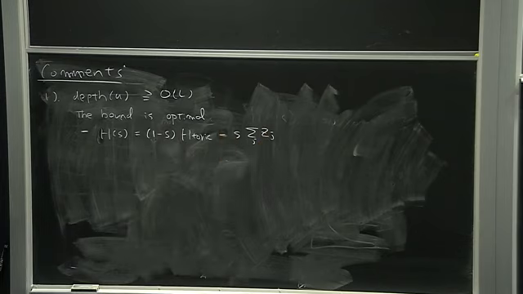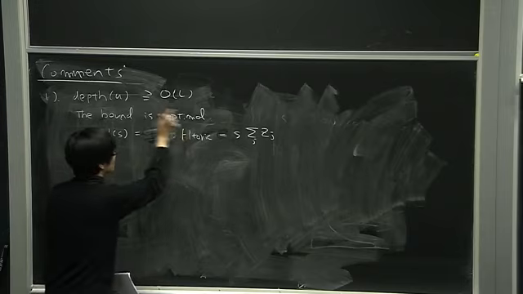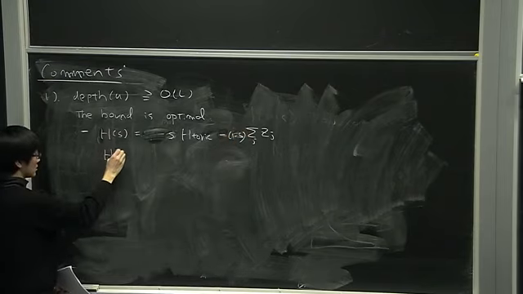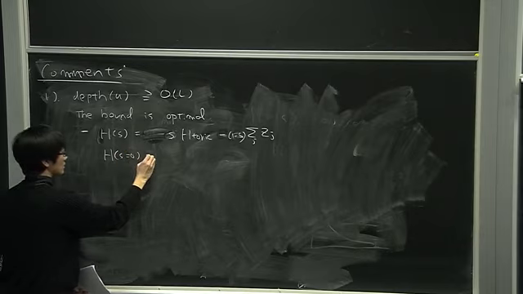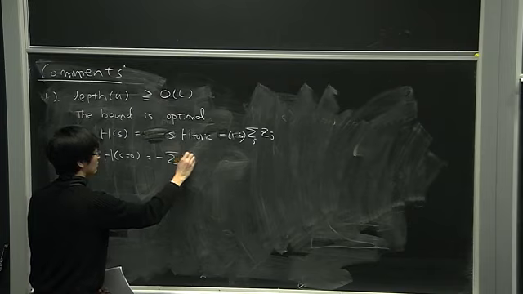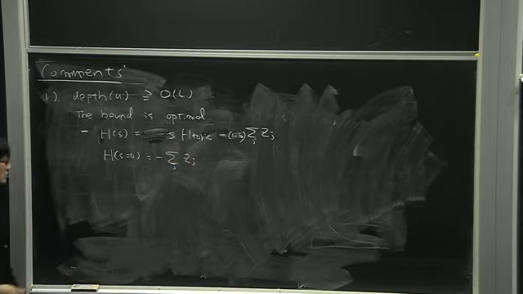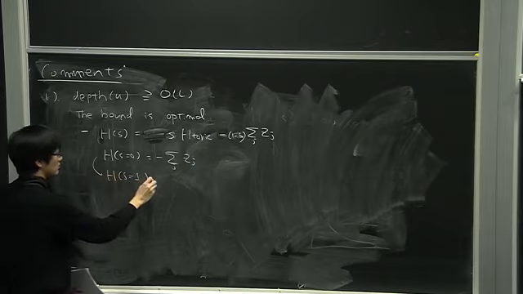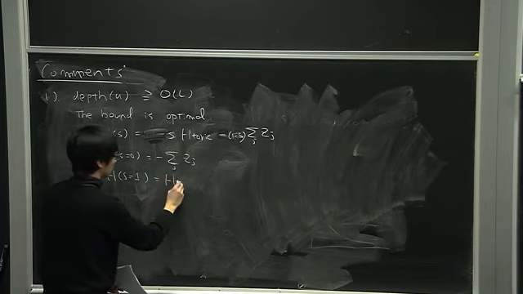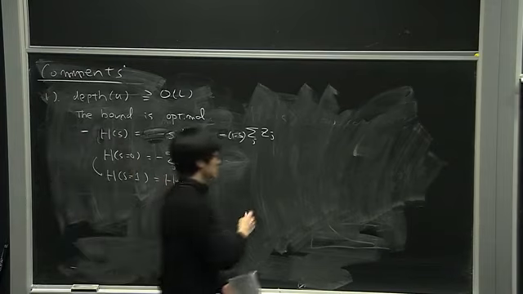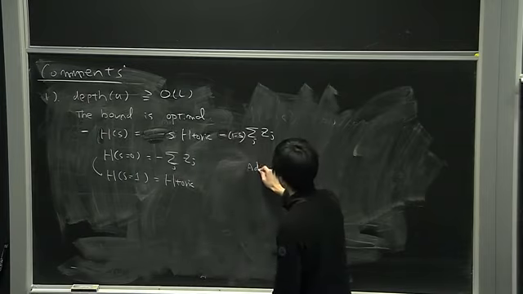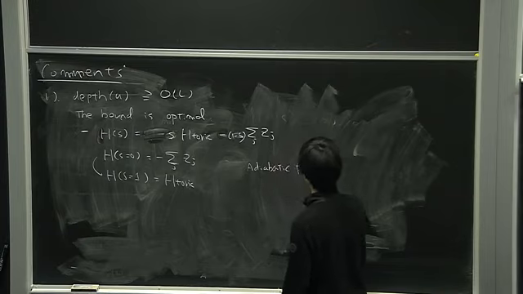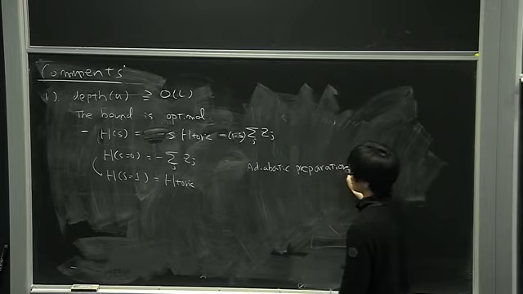Adiabatic continuation. Maybe I should say this S. Then the point is that when S is equal to 0, this is the Hamiltonian for a product state, and then you can interpolate it into the toric code. So this is what people call adiabatic preparation.